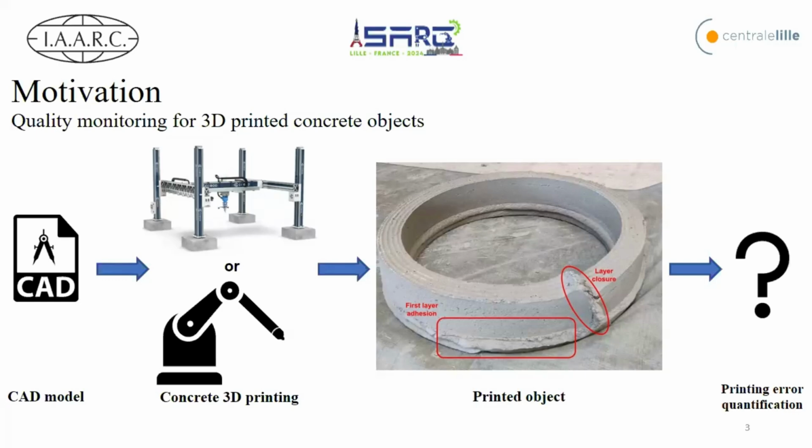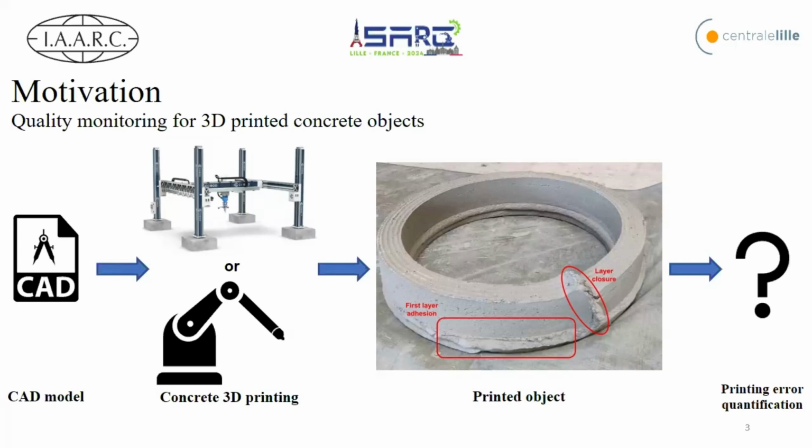But the focus of this presentation today is how to evaluate the quality of the printed object in its hardened state, because we are interested in knowing some important errors, especially layer closure errors and adhesion of first layers.